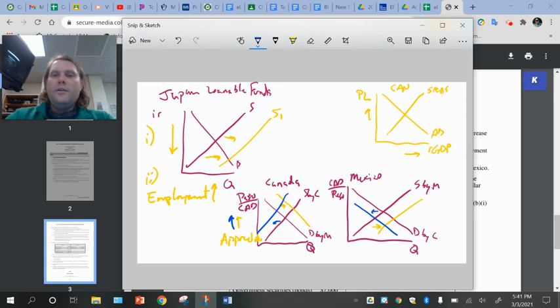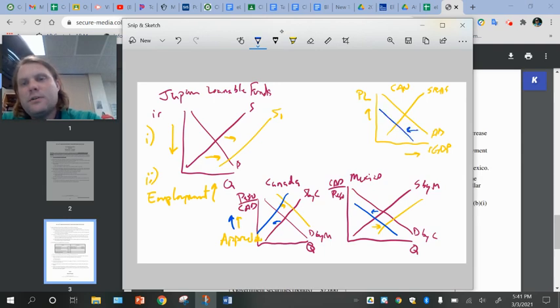Now, the challenge with this is it asks how the change in that international value affects Canadian exports. Well, in Canada, it's more expensive for Mexico to buy stuff. One of our indicators here of our GDP, our aggregate demand, is exports.